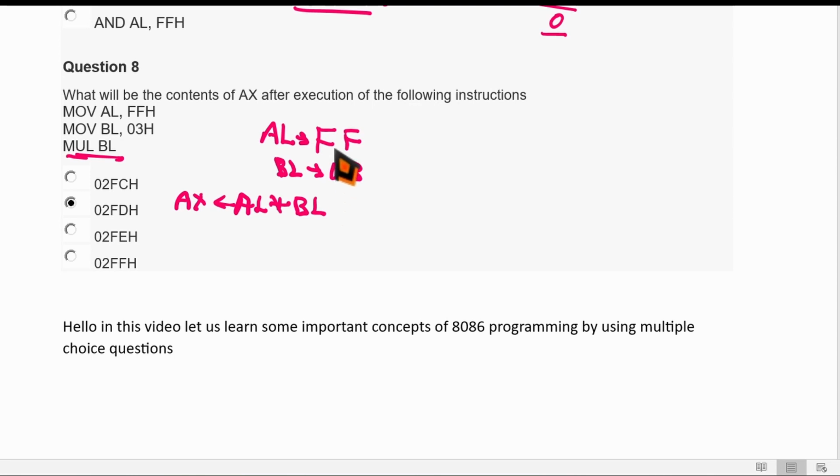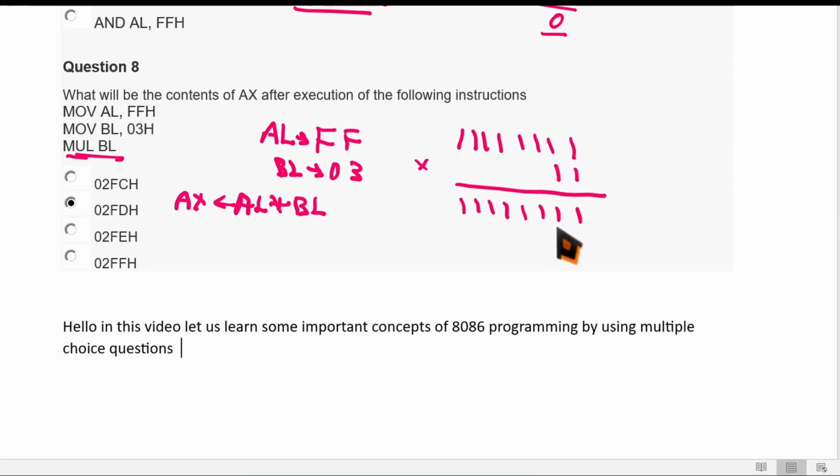Now multiply this: convert this hexadecimal to binary, 1111 1111, and 03 is 11. So multiply this 1 into all these ones. Similarly, if you multiply this one, you put 1 here, you will have ones like this.